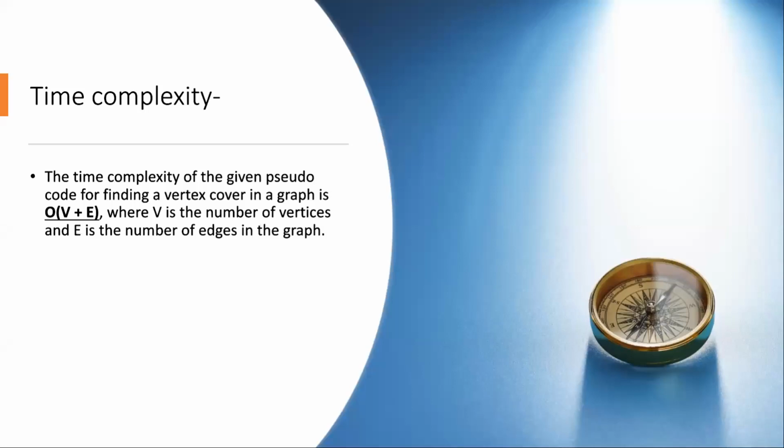The time complexity. The time complexity of the given pseudocode for finding a vertex cover in a graph is big O of V plus E, where V is the number of vertices and E is the number of edges in the graph.